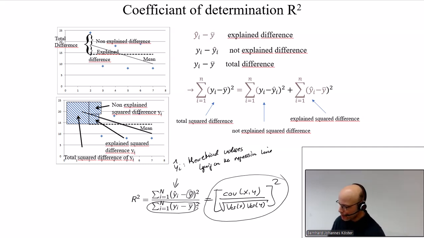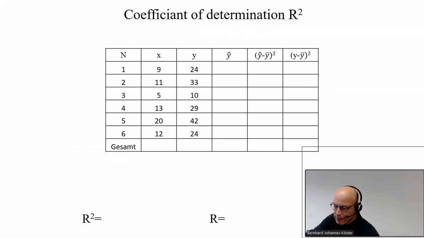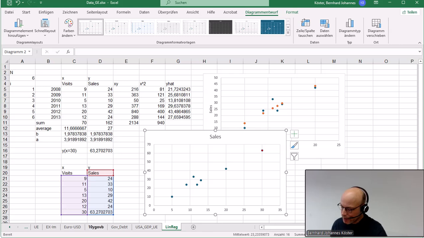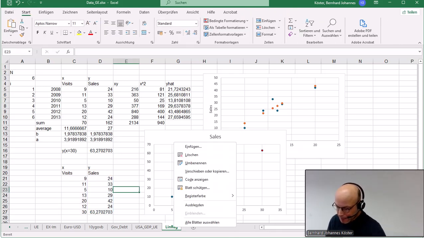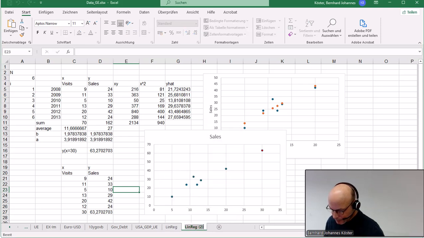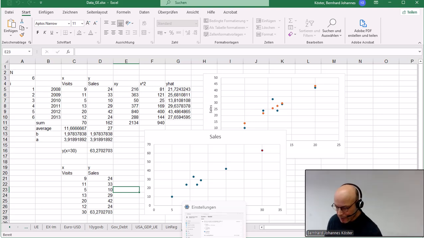Okay, some minutes left. And for this, then we want to calculate the coefficient of determination. Let's take again the same data set as before. And this we want to do again in Excel. Copy. Oops.